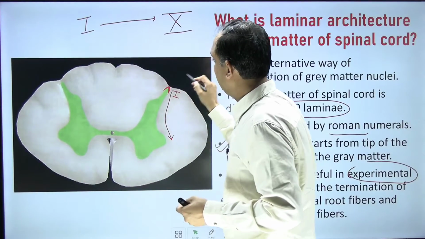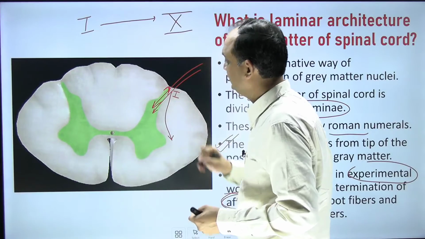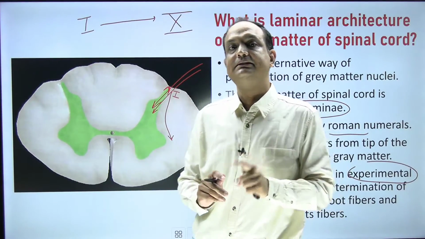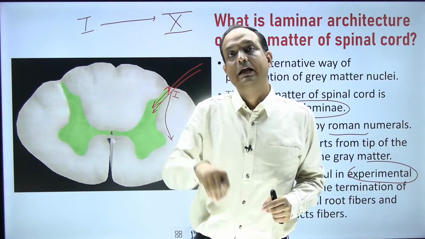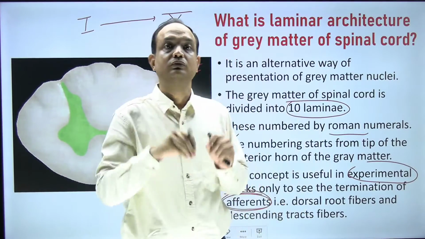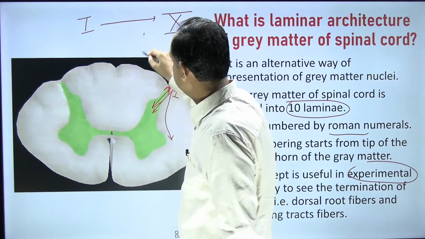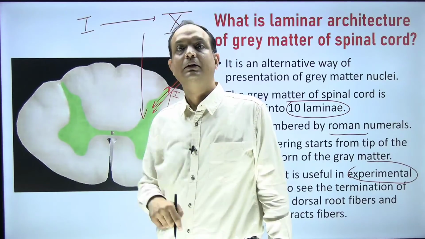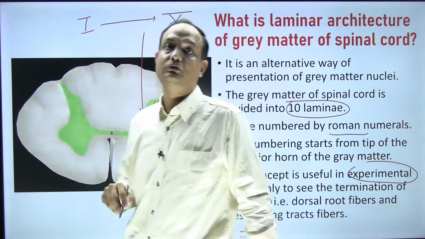So these are the afferents entering through the dorsal root of the spinal cord. And second are the descending tracts coming from the brain, which also terminate in the spinal cord. So one is the higher-centered input coming with the help of descending tracts, and the second is the dorsal root.